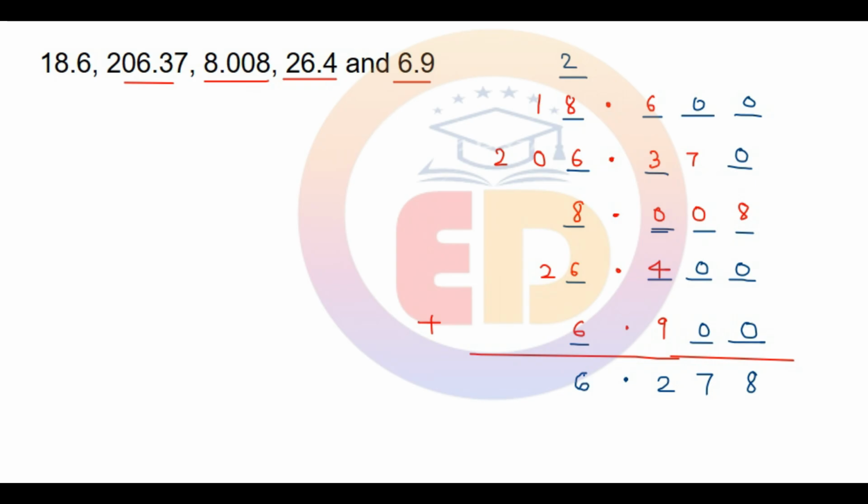Let's write down 6. Let's carry 3. 3 plus 1 is 4. 4 plus 0 will be 4. Plus 2 will be 6. Next here, this is 2. Let's take it down.